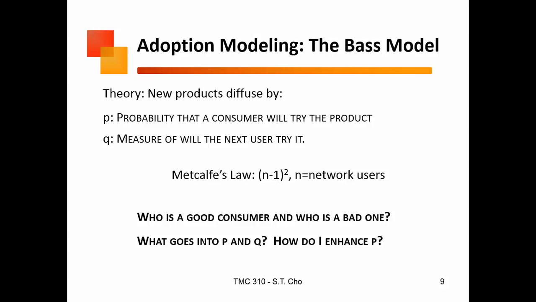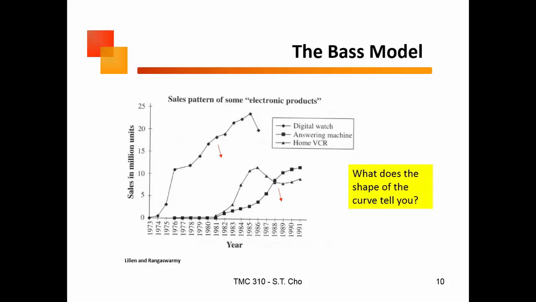And so when you think about P and Q, what do you have to do to make people want to try something? And in terms of network effects, when somebody's using it, how do you get other people to use it? And that's when you're starting to talk about influencers.